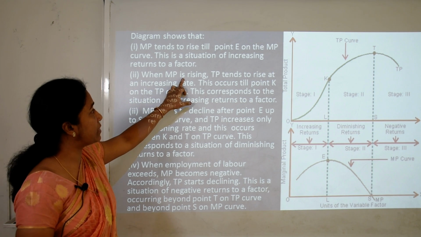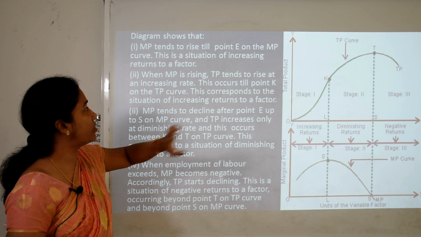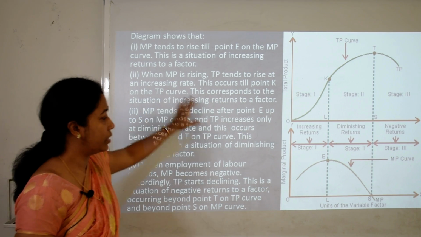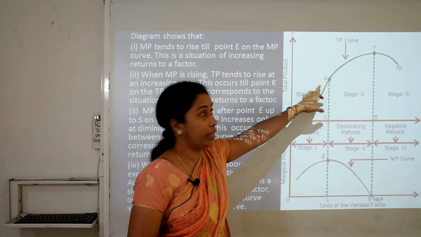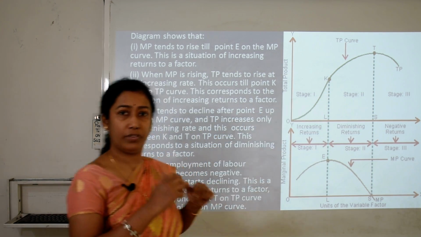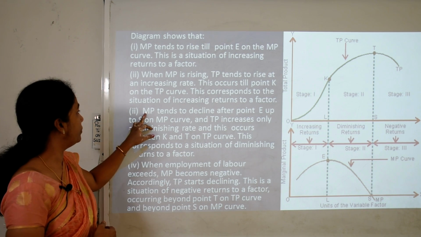After the second phase it is falling, and this is a situation of increasing returns to a factor. When marginal product is rising, total product tends to rise at an increasing rate. That means till when marginal product is rising, total product is also rising, first at decreasing rate, then at increasing rate.